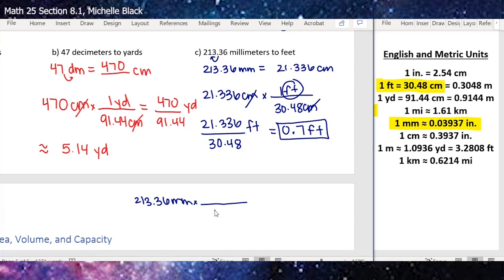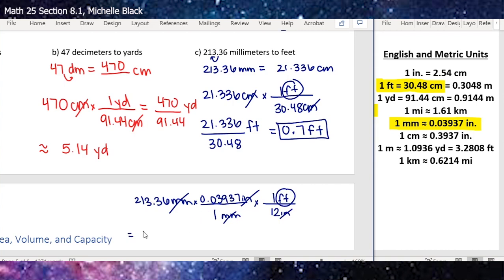So that says in 1 millimeter, it's approximately 0.03937 inches. And then I also know how many inches are in a foot, which is 12 inches for 1 foot. My millimeters will cancel, my inches will cancel. I'm still left with feet, which is exactly what I wanted.